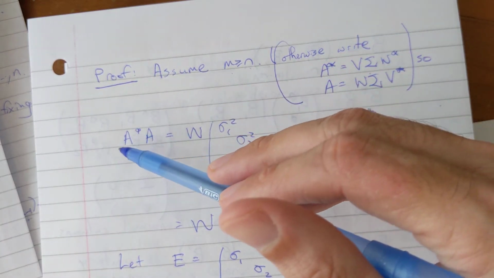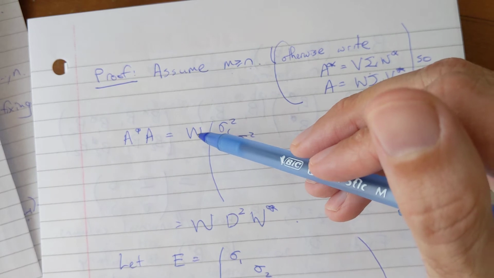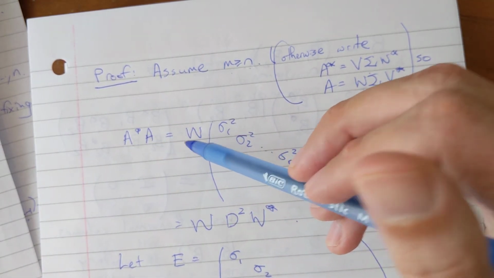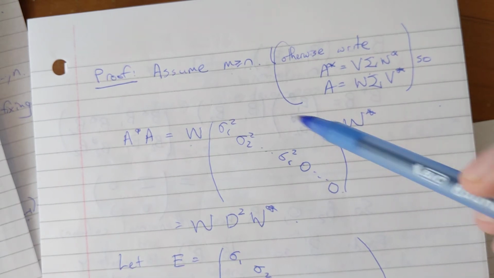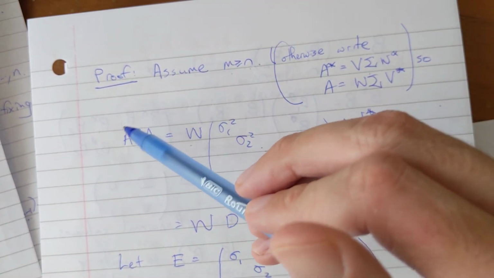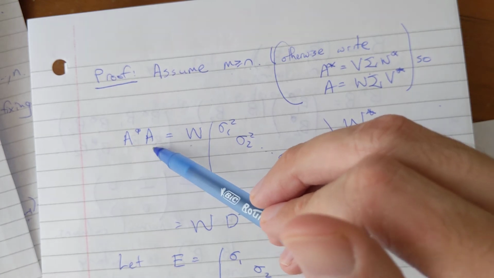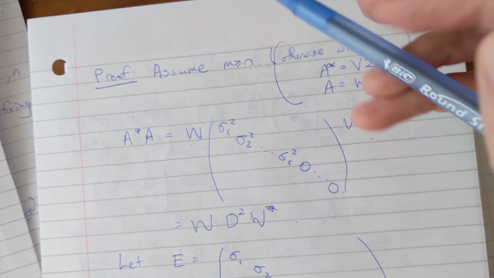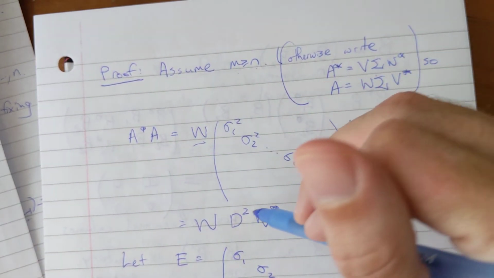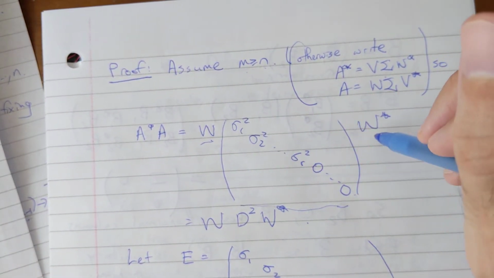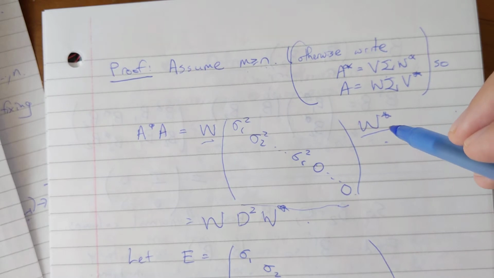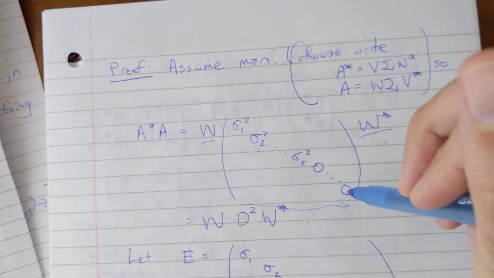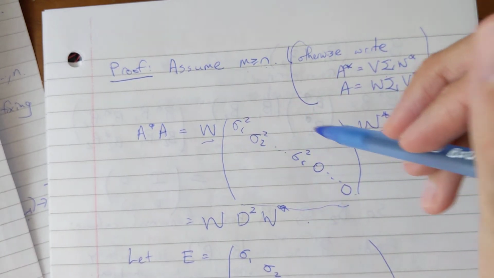So we can find a unitary W such that A star A is W times a diagonal matrix times W star. Here, A star is N by M, and A is M by N, so we have an N by N matrix. W is N by N, and this diagonal matrix is N by N. Okay, and write this matrix as D squared.